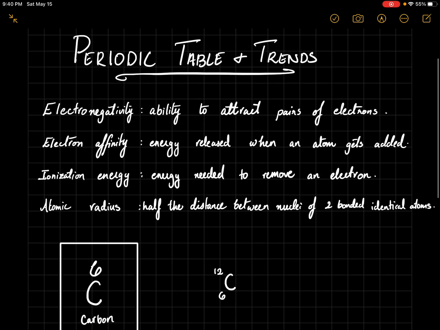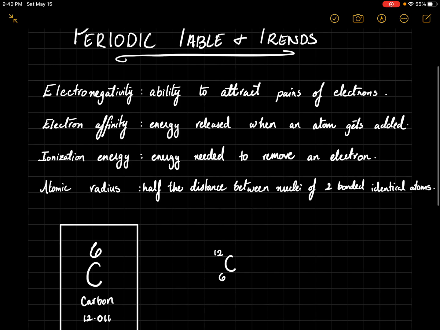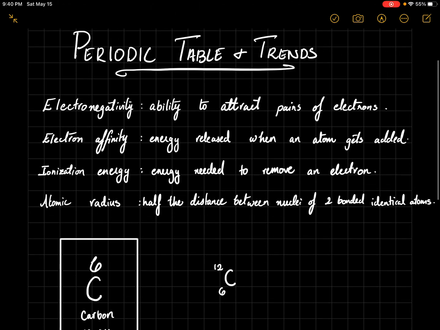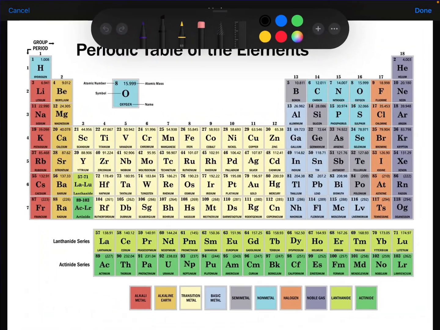Before we discuss the periodic table's trends, we're going to start off by looking at the periodic table and how it's denoted. First of all, there are 7 periods and 18 columns, or 18 groups, within the periodic table alone.